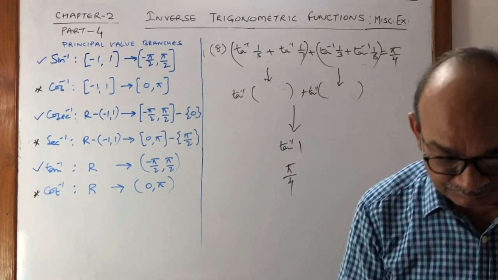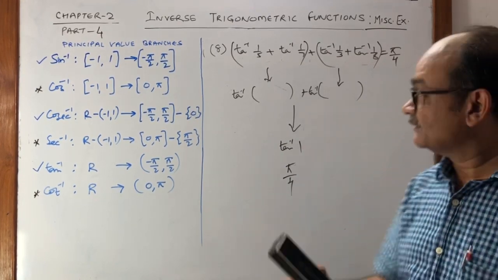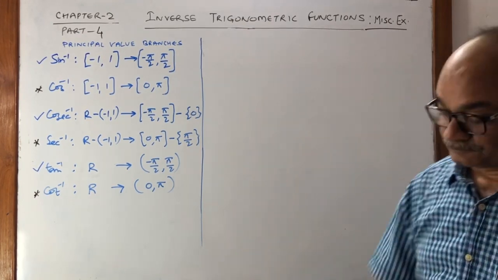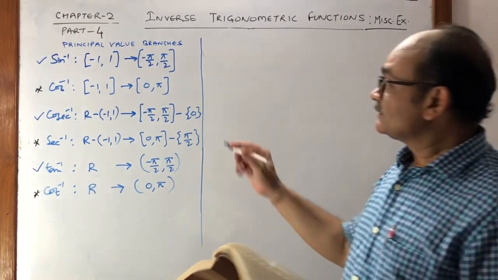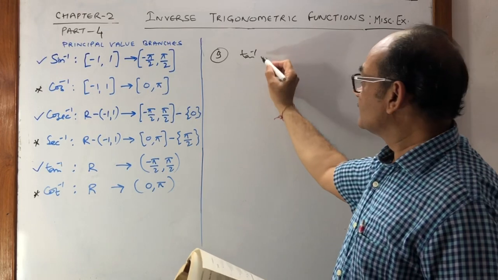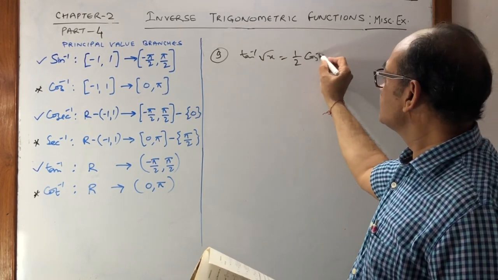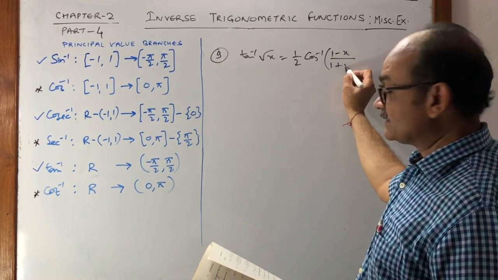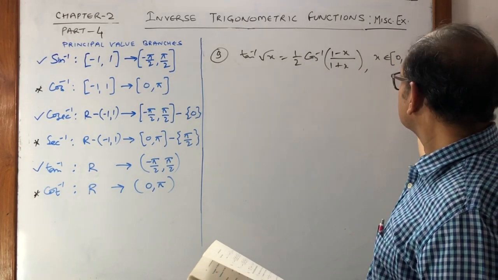Now the next sum. Sum number 9. Tan inverse root x equals half cos inverse of 1 minus x upon 1 plus x, where x belongs to 0 to 1.